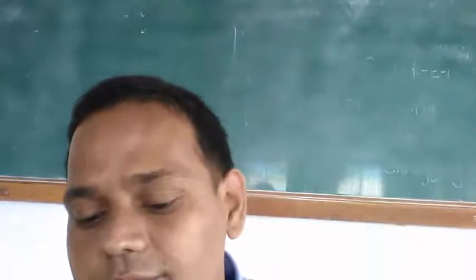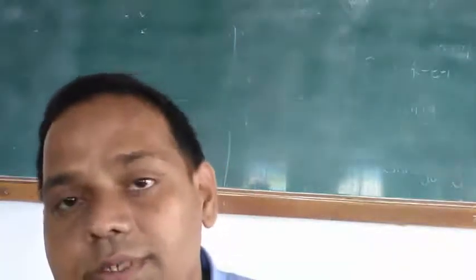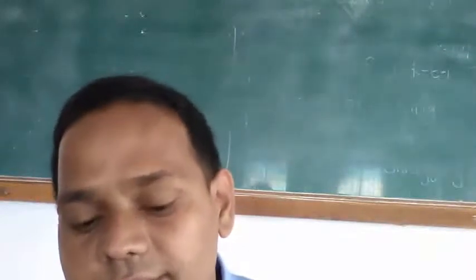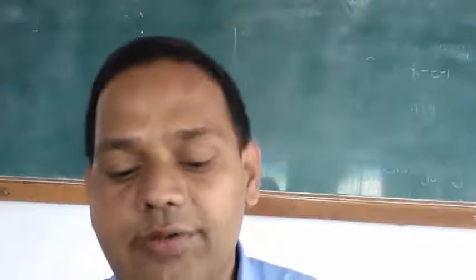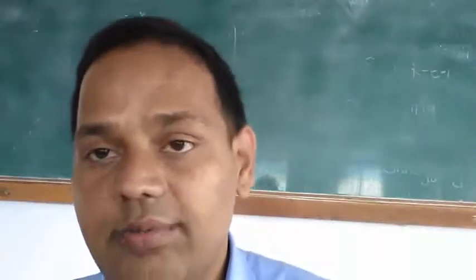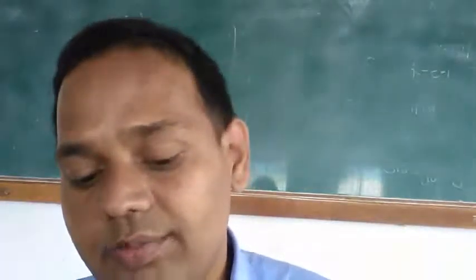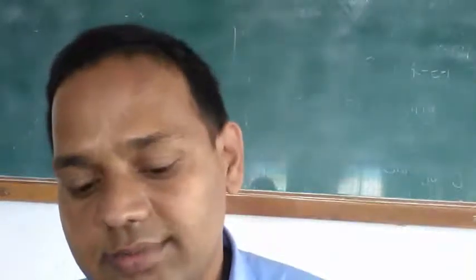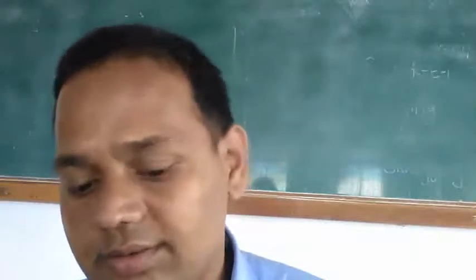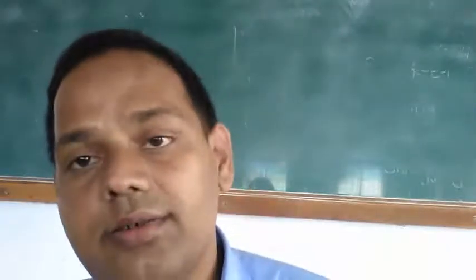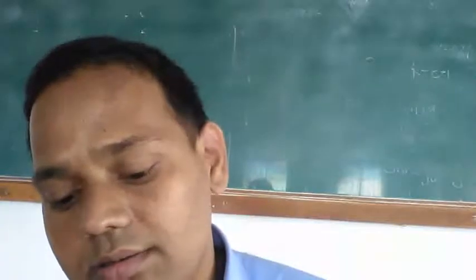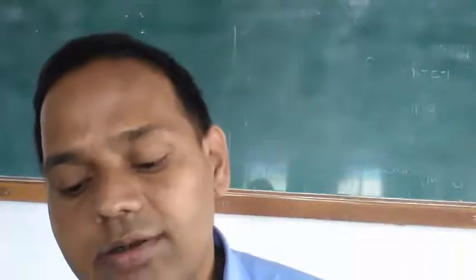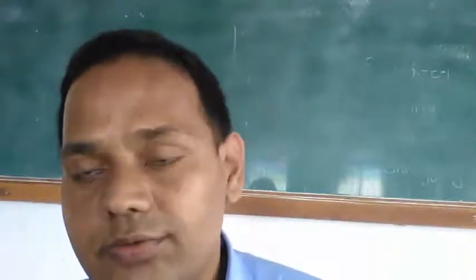Now see here, proof. Suppose that f(x) is equal to x^(p^n) − x belonging to Zp[x]. Since f'(x) is equal to p^n x^(p^n − 1) minus 1, which is not equal to 0, by the previous corollary f(x) cannot have multiple roots.